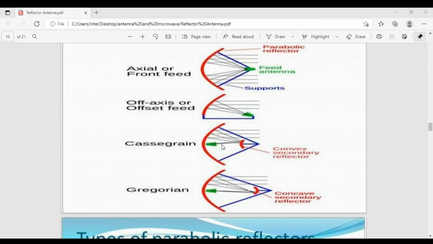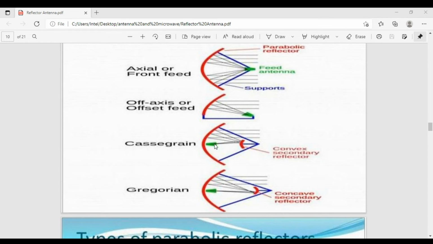Then the Cassegrain feed system, the horn antenna, is located in the same direction as the reflector antenna. The Cassegrain feed system was introduced by Professor Cassegrain. In this Cassegrain feed system, the back lobe radiation gets eliminated.